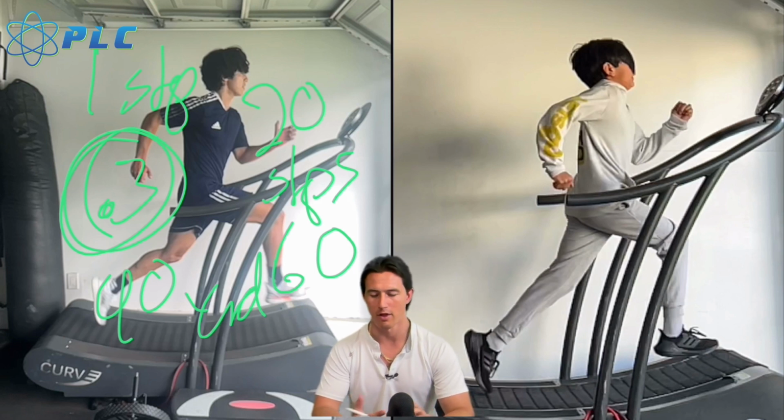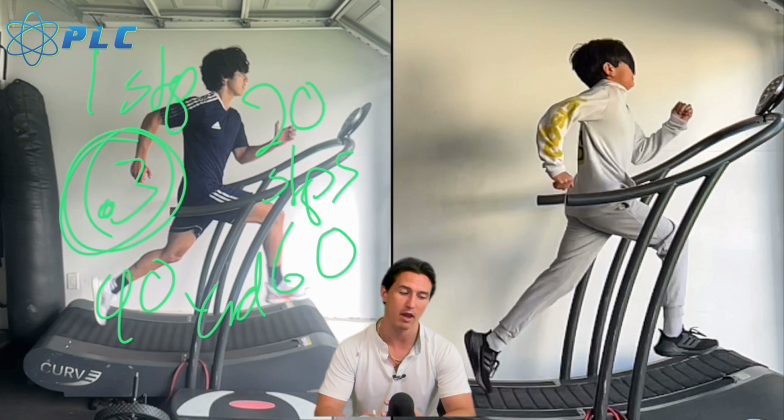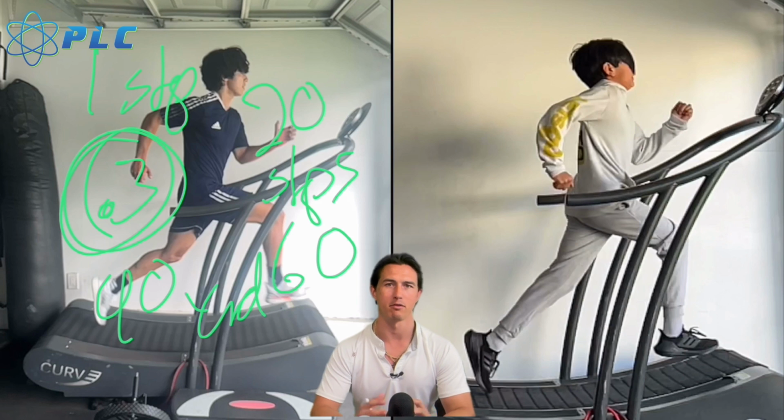Of course, I think our program is going to give you the most benefit, because not only will we help you understand where in your sprint you can make the biggest potential improvements based off of the steps, the foot contact time, and all the different things that go into your technique, but also because we're going to give you the most effective explanation, the most effective coaching, and the most effective drills to get through those particular issues the fastest and make the biggest improvement within your running.